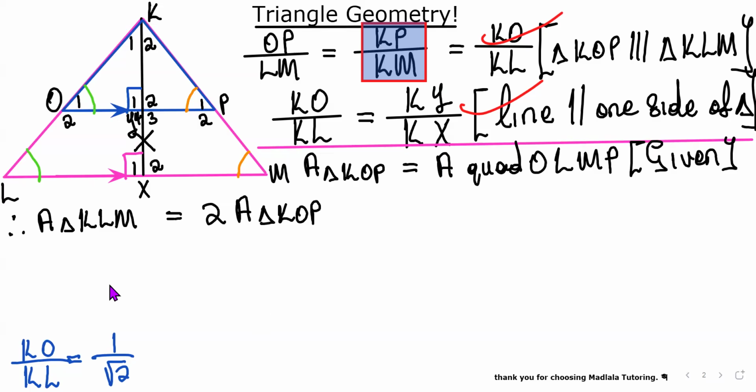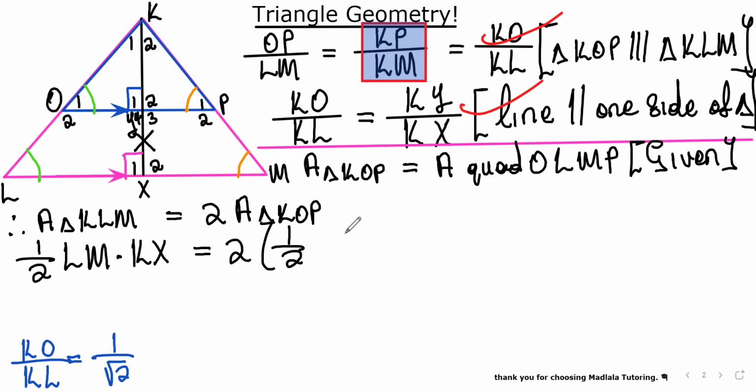But now the question is, how do you find the area of triangle KLM? We do have a perpendicular height in this case, so it's all good. It's half base, the base is LM, and the height is KX. What is the area of this blue triangle?